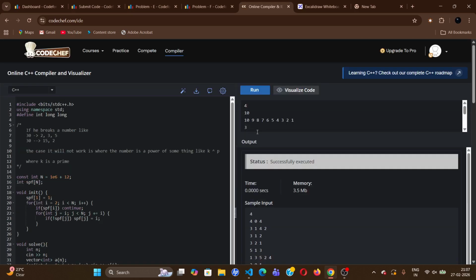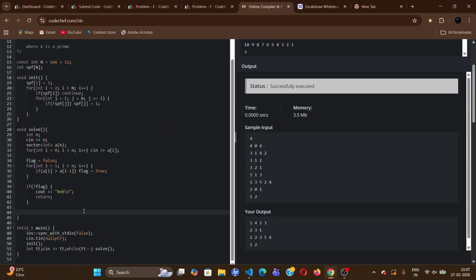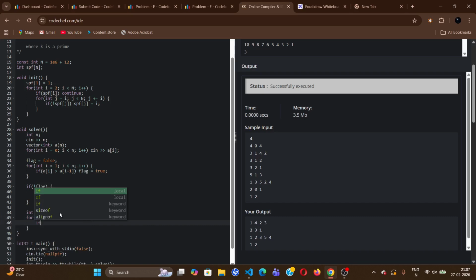Okay. Now I can get the factors from set.